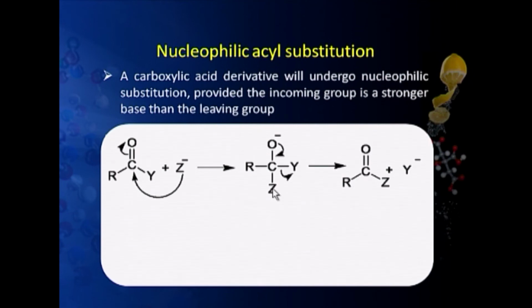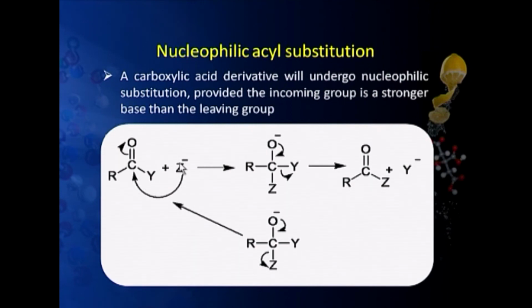But if this Y is not a very good leaving group, that is, it forms a strong bond due to resonance or is not a very strong base, then what may happen? This pair of electrons comes back and Z leaves, and we get the starting compound.